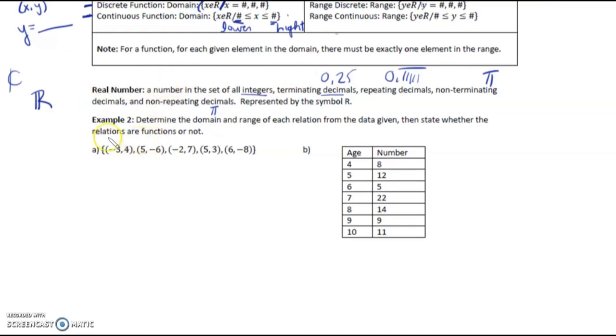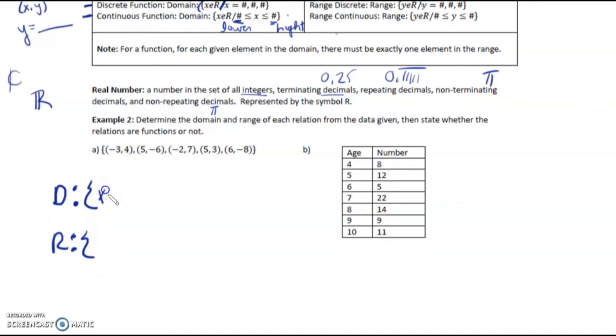Okay, let's go to example 2. Determine the domain and range of each relation from the data given, then state whether the relations are a function or not. Domain is going to be D colon, and we're going to do a squiggly bracket, and range is going to be the same idea, R colon squiggly bracket.